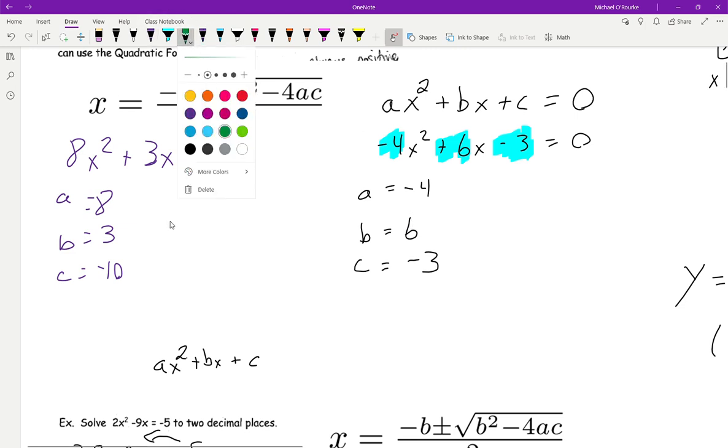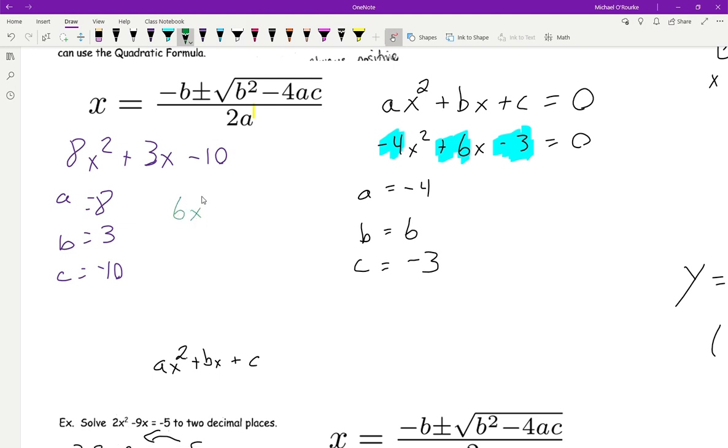Okay, here's a harder one. 6x squared plus 2 minus 3x. Okay? Type them in the chat, but do not press enter yet. Okay?